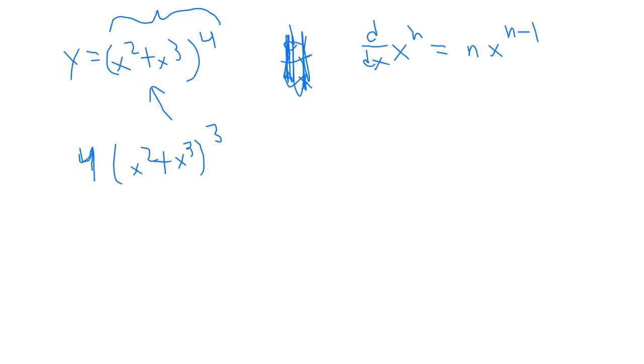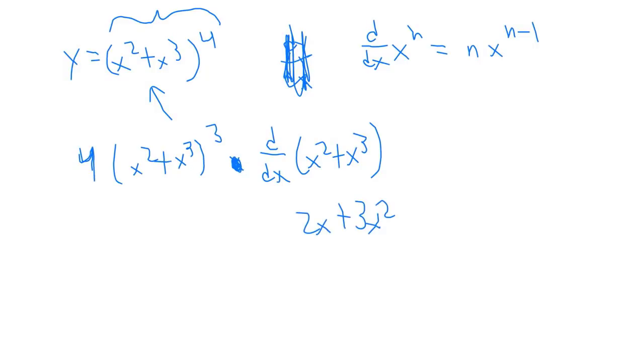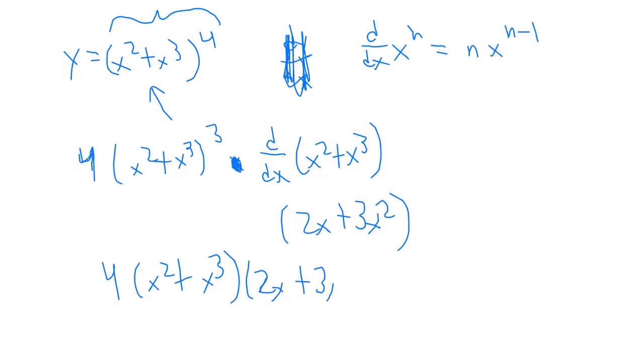But you're not done yet because this inside complicates things. And what you need to do is multiply by the derivative of x squared plus x cubed, which in this case is actually just a series of power rules with 2x, 3x squared. So our final answer would be 4 times x squared plus x cubed to the 3rd times 2x plus 3x squared. And that's your final answer.